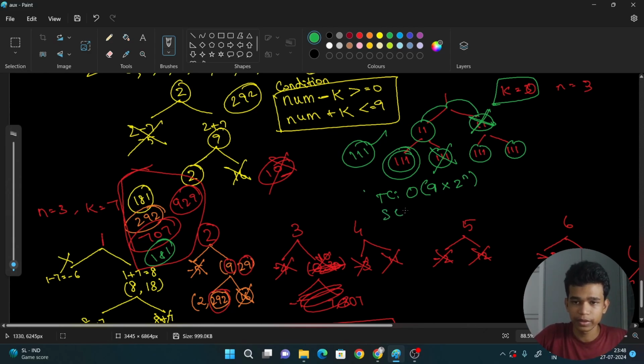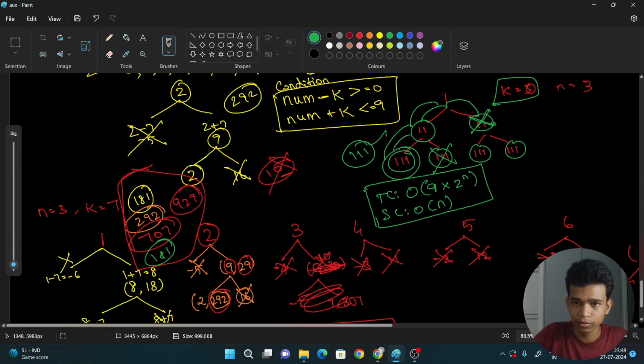And what is the space complexity? I can say the space complexity will be O of n. Why O of n, you may ask? Because see here, first I take this one and move to this recursion call and then to this recursion call, so 3 values will be stored in the recursion stack.